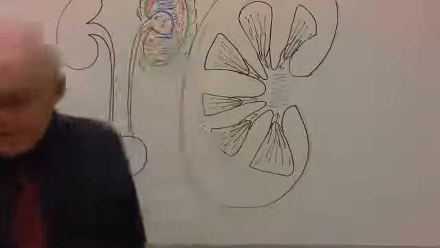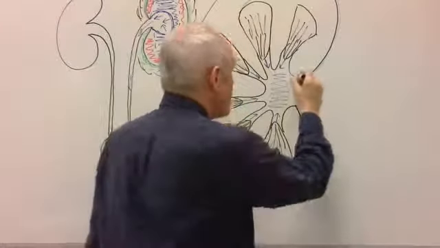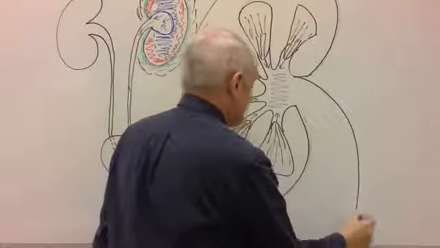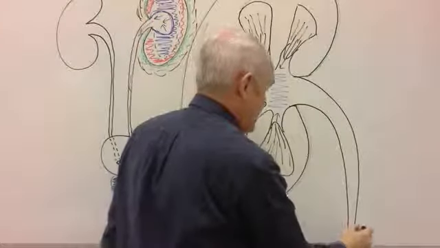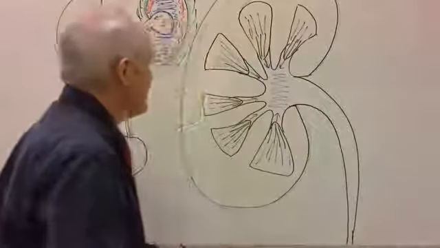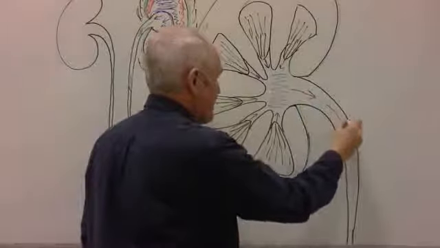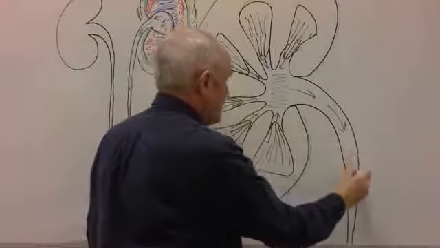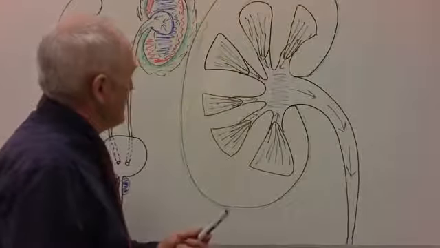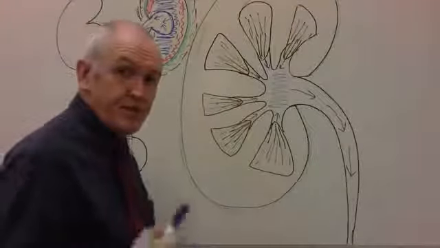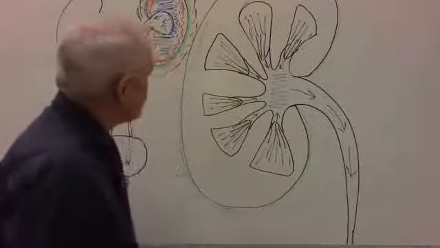And from there, the ureter is continuous with the pelvis, and the ureter will take the urine down towards the bladder. So once the urine enters the pelvis, it'll pass into the ureter and be peristaltically transported down towards the urinary bladder for storage prior to passing, which is the process of micturition.